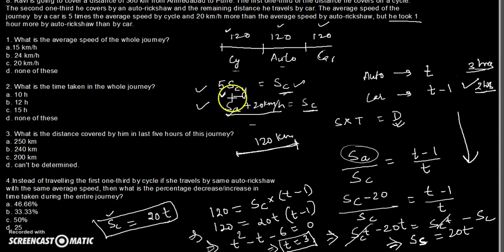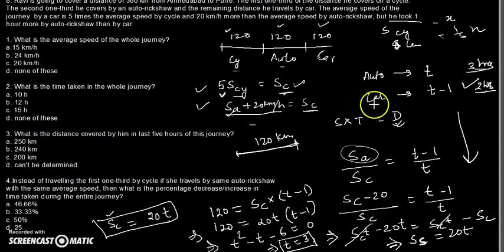Since the distance is the same, since the speed of the car is 5 times the speed of the cycle, it will take 1/5 of the time which the cycle will take. In case the cycle takes x hours, the car will take 1/5 of x.